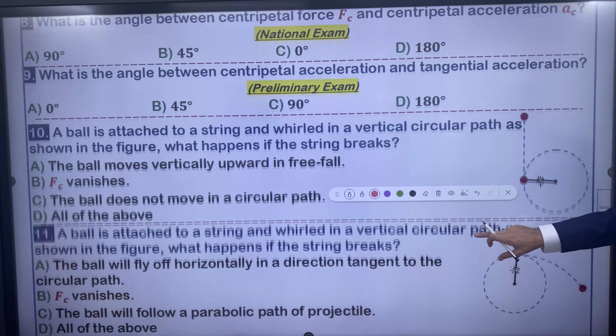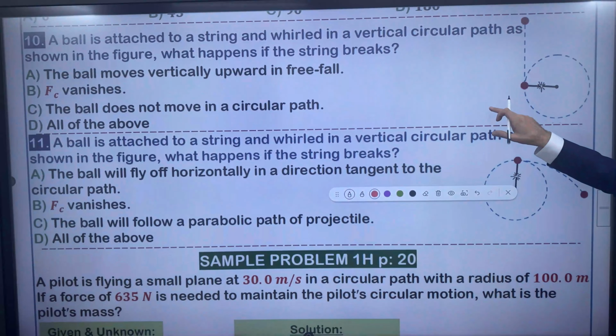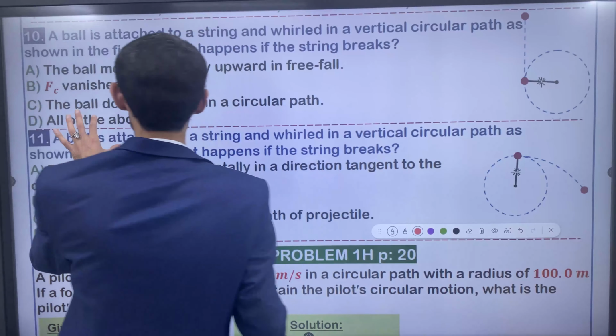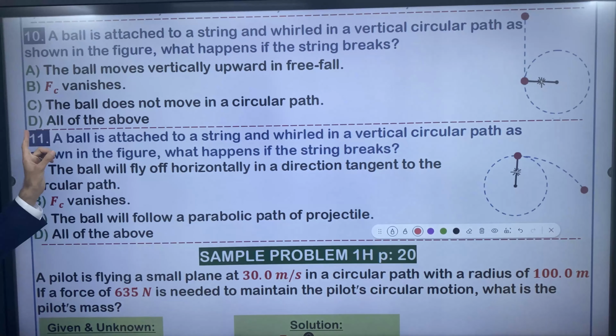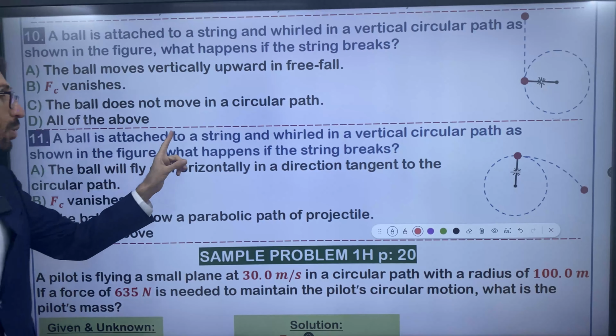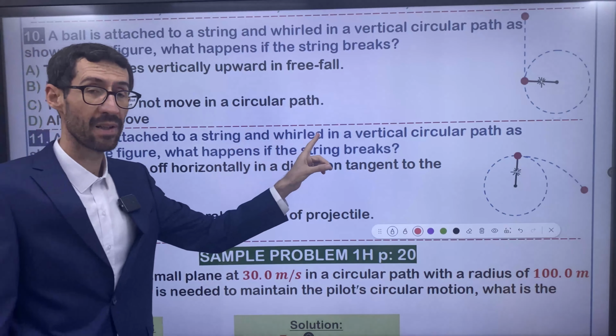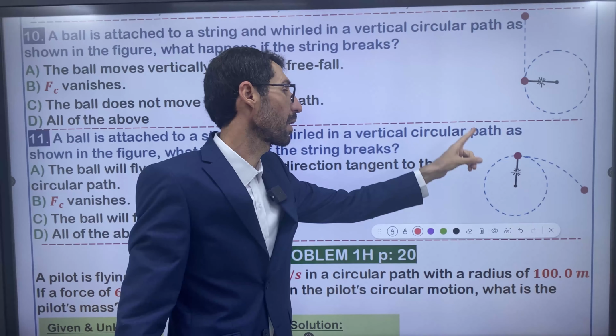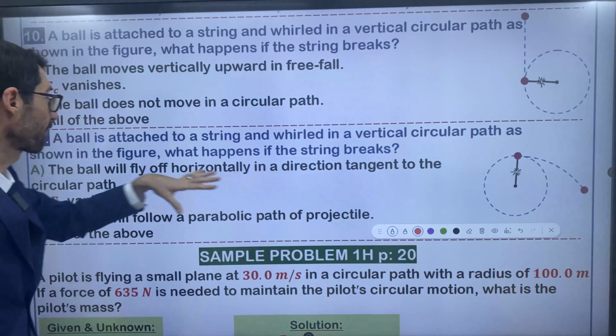Let me read another question for you. It's similar to this question, and it's the last question for this lecture. Question 11. A ball is attached to a string and whirled in a vertical circular path, as shown in the figure.